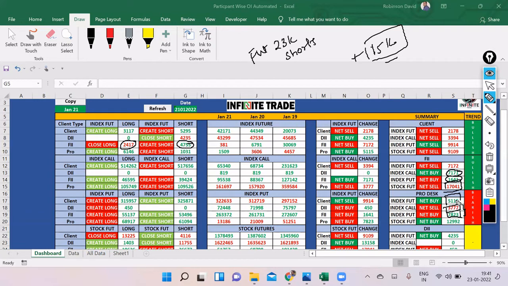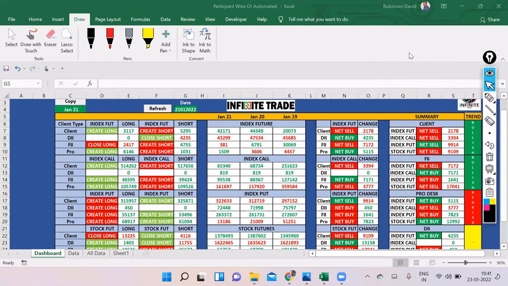So there is room for adjustment for them. But otherwise, looking at FIIs and pros future positions, the market looks volatile. This is the view based on participant wise open interest. FIIs are still bearish and we need to wait for their option positions to be created tomorrow.